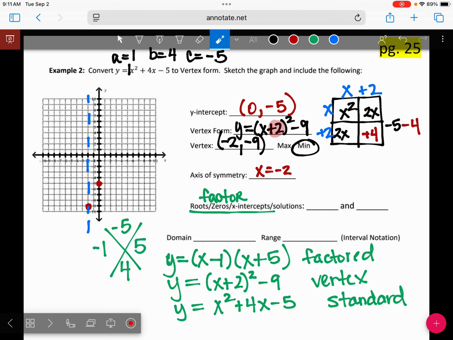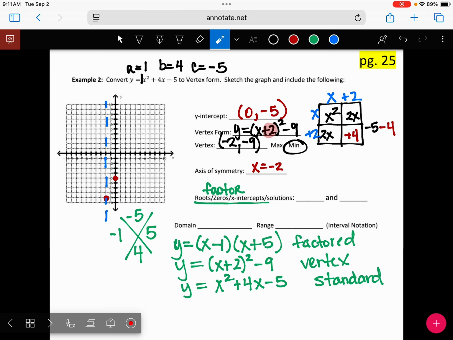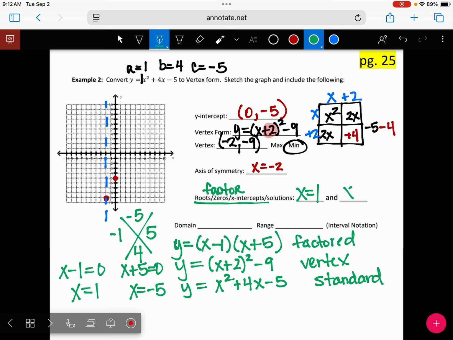All right, so back to finding our roots. I'm going to take the x minus 1, which is going to give me x equals 1. I'm going to put that here. And then I'm going to take my x plus 5, set that equal to 0, which is going to give me x equals -5. I'm going to put that here.